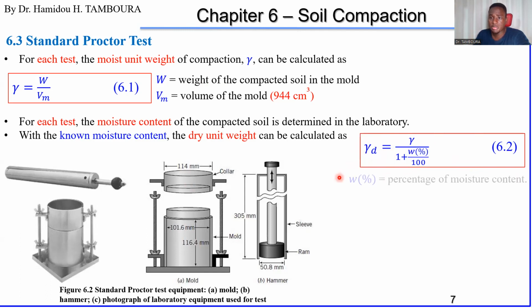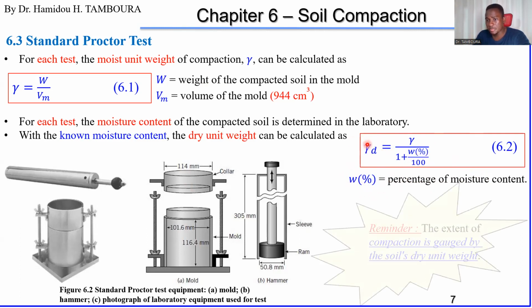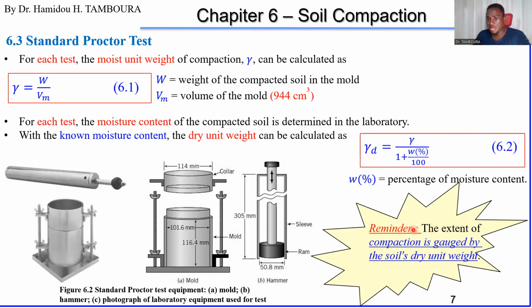And if you remember, this parameter is very important. This is water content, in percentage. And the dry unit weight, you remember, we said in the previous video, the extent of compaction is gauged by the soil dry unit weight.